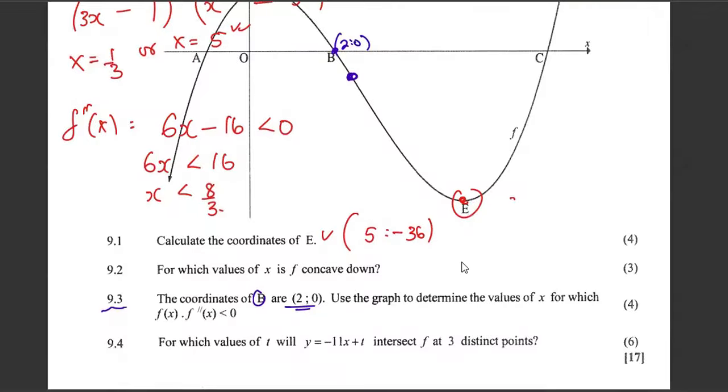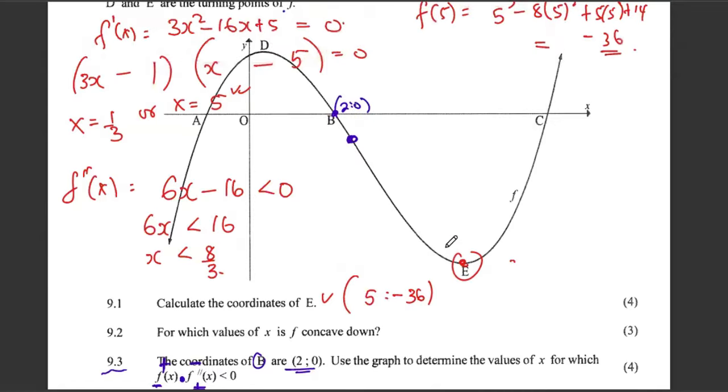And then use the graph to determine the values of x for which f of x times the second derivative should be less than or equal to 0. Now, before we even look at that, we're saying the graph can be negative and the concavity positive, or the graph will be positive, which means it's above the x-axis, and the concavity negative. So we need to look at the two scenarios and identify which one really favors.